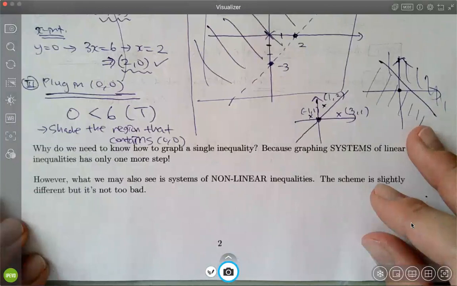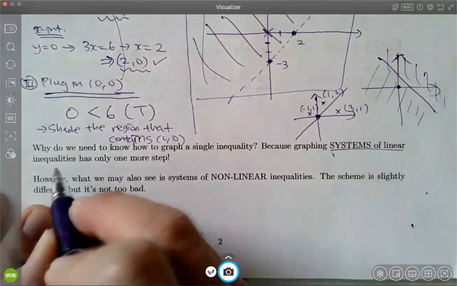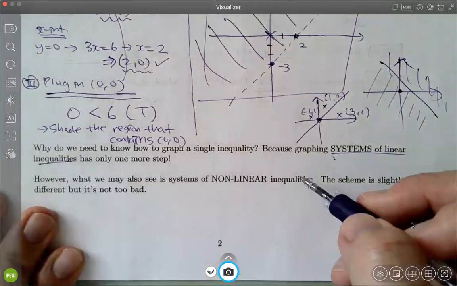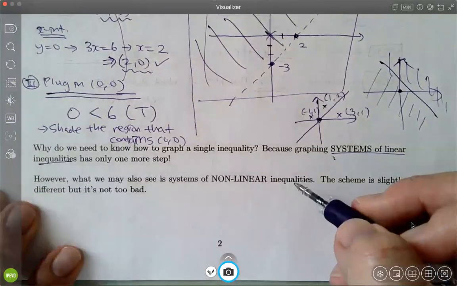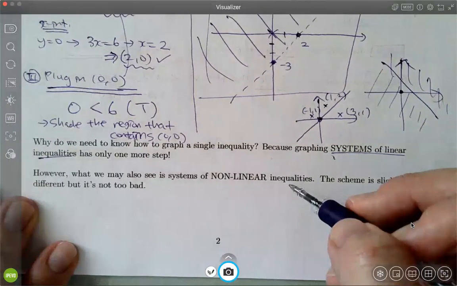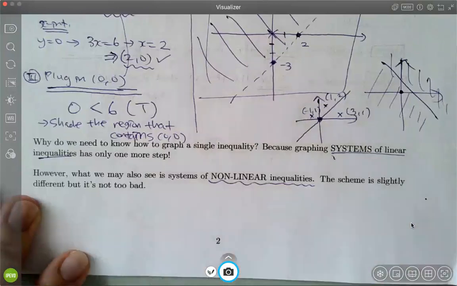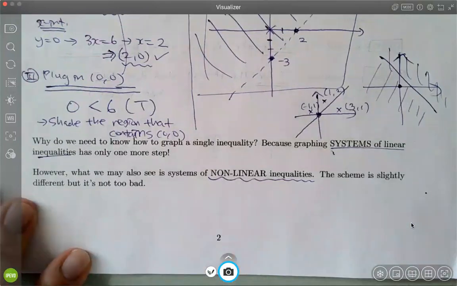Well, because systems of inequalities only has one more step. Also, we may see non-linear cases. The scheme is slightly different, but it mostly stays the same.